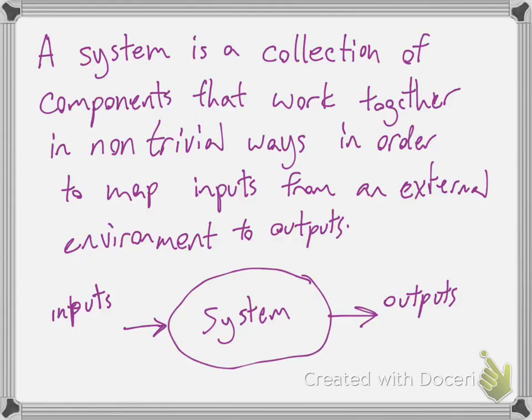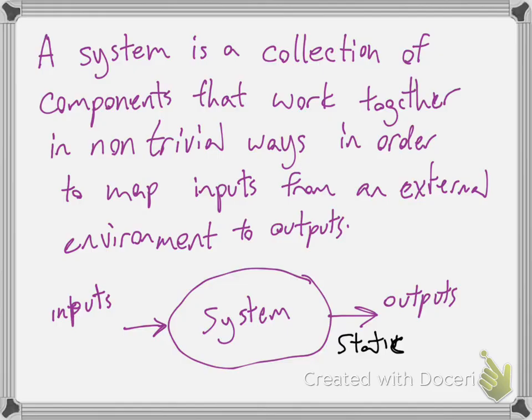And we're going to have two types of systems. So we have static systems, and in a static system, the system is going to be a function of its inputs, and the inputs are going to affect the outputs.